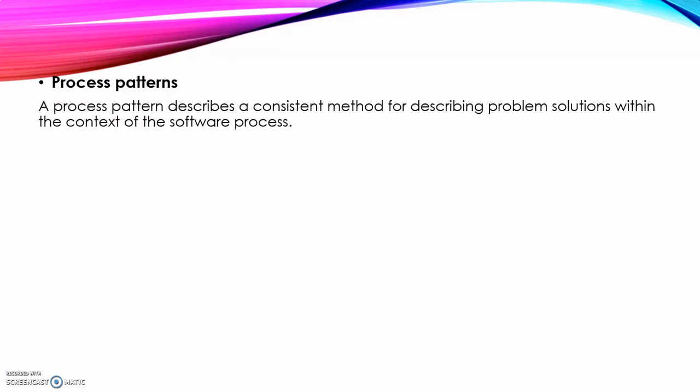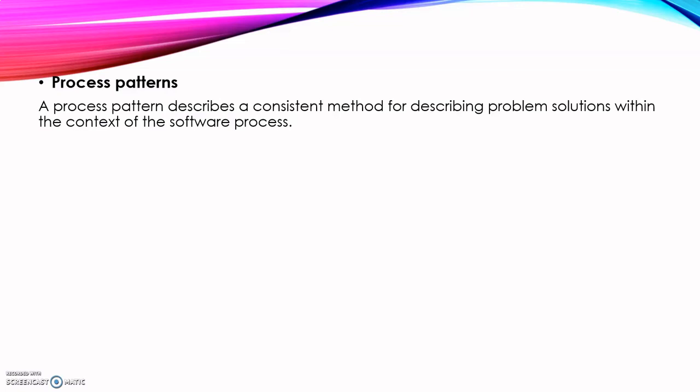Now we have another concept known as process patterns. Why are we choosing a process pattern? Before going into the definition, I'll say a simple word on why a process pattern is needed.